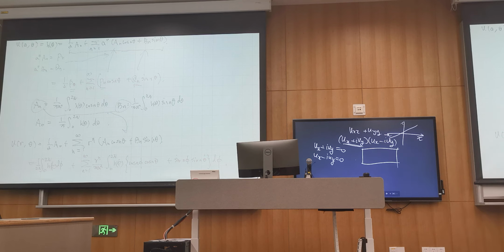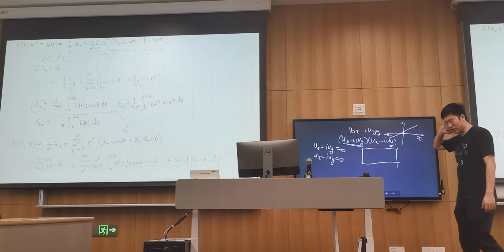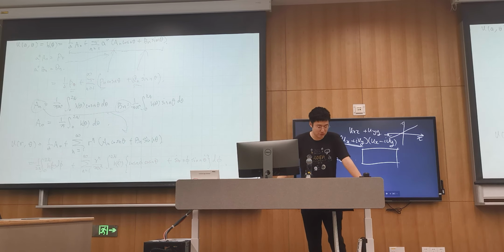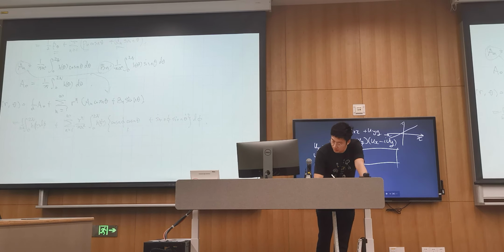Have we ever learned how to simplify this further? We have learned that in the last section of Fourier series, because this is directly cosine n(theta minus phi).